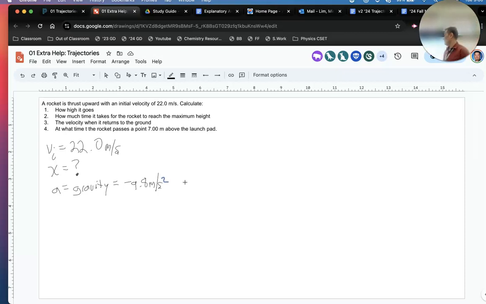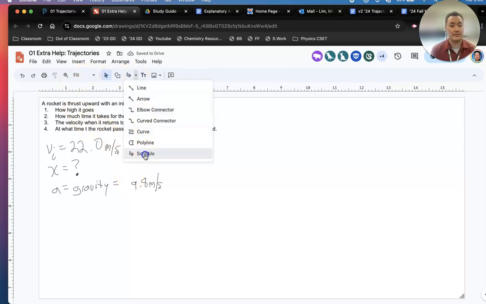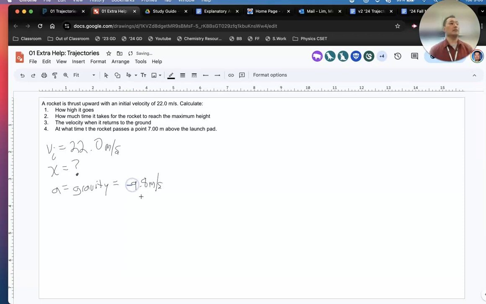Okay, so let me write that a little neater. Can someone in the group today tell me why gravity is negative? It's always going to be there because gravity pulls which way? Down.